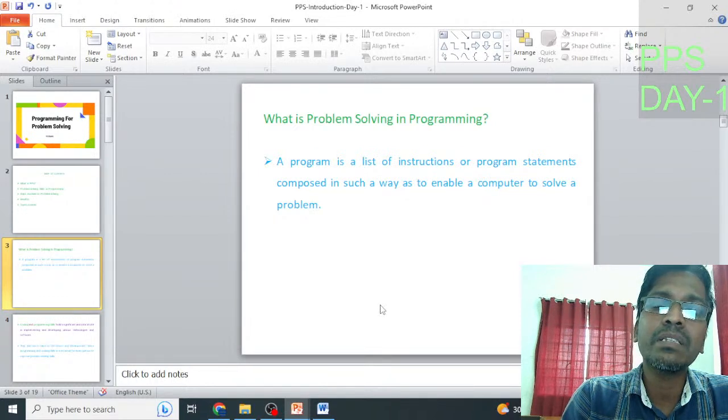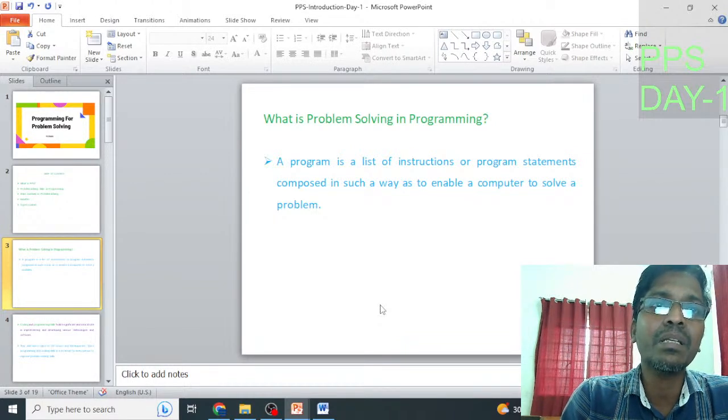So first of all, what is a program? A program is nothing but a group of instructions or a list of instructions. By using this group of statements, it enables the computer to solve the given problem.